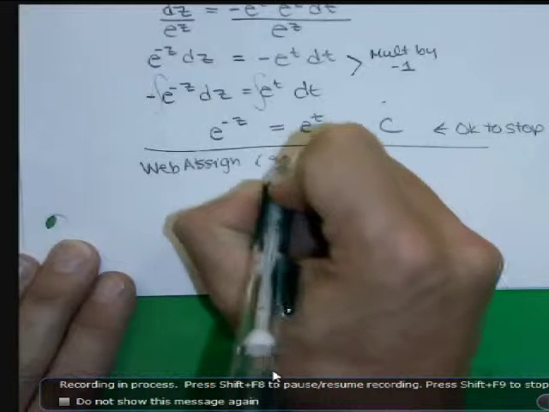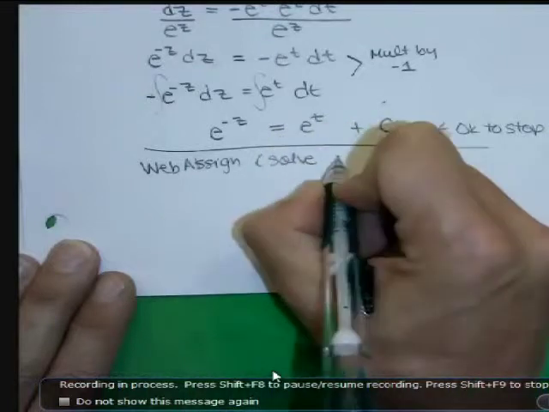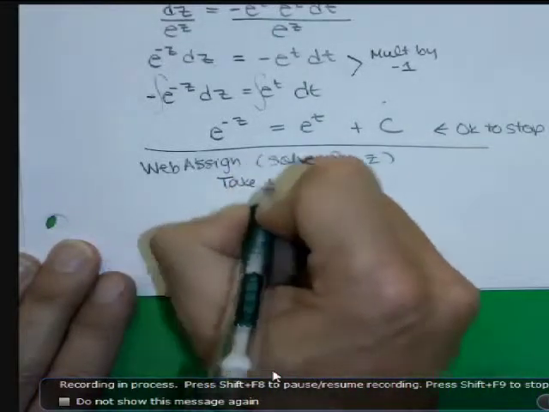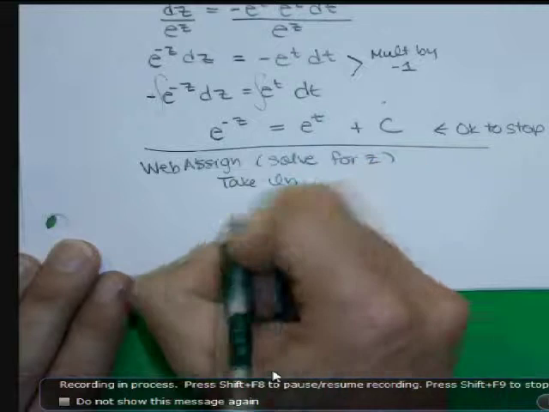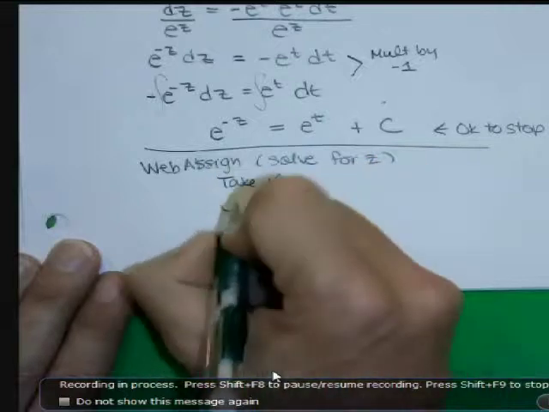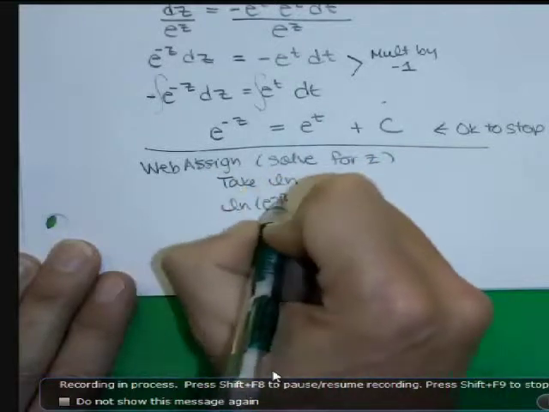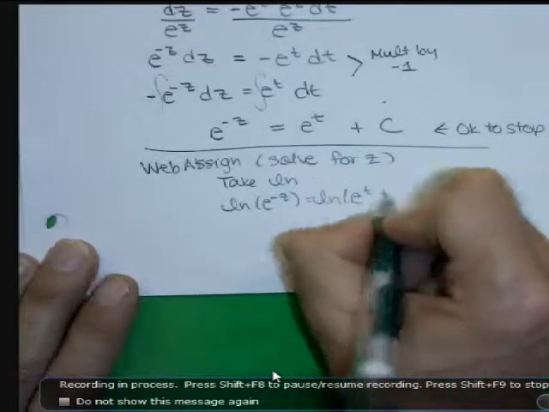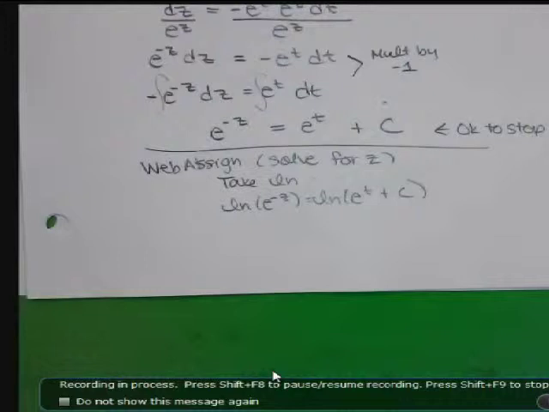Yeah, natural log of both sides. So ln of e to the negative z equals ln of e to the t plus c. And the natural log of e to the negative z? Negative z.